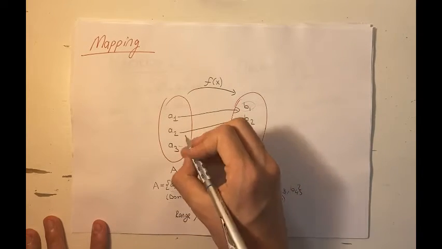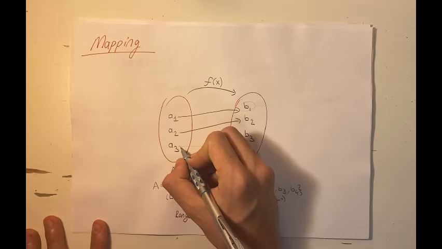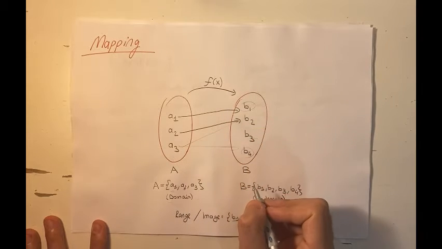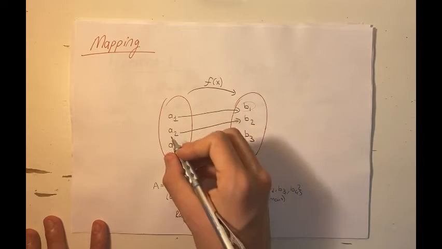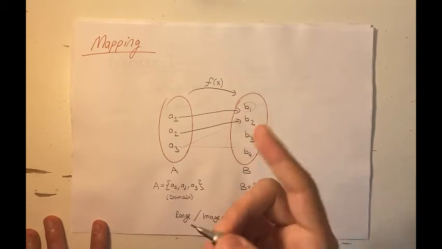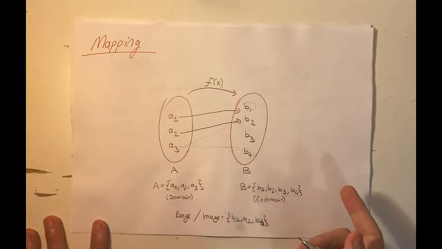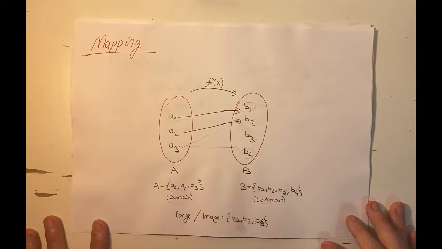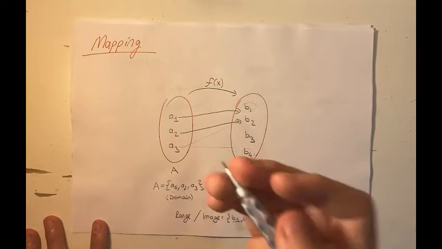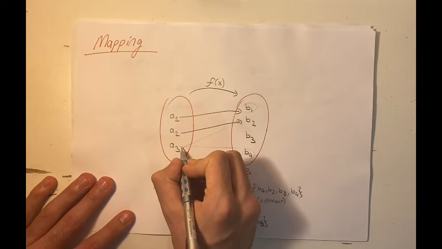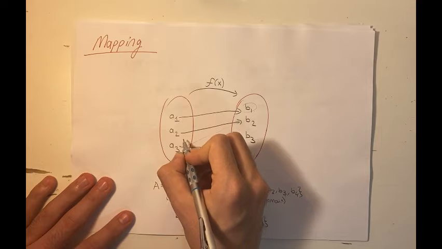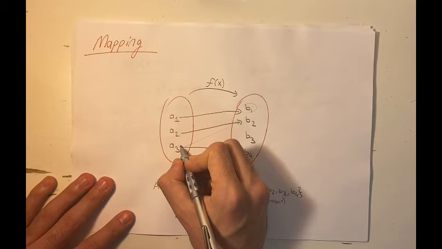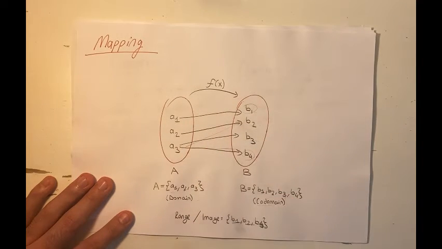We can also map A3 to B2, like two elements in the domain can go to one element in the codomain. It's possible. What is not possible is, let's say A3 goes to B4 and A3 also goes to B3.